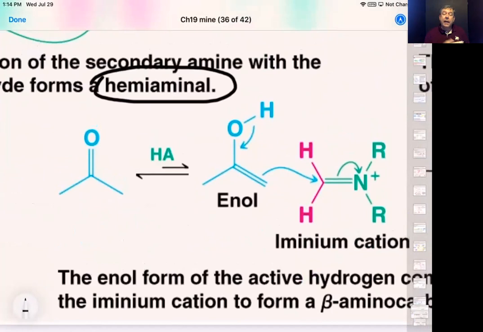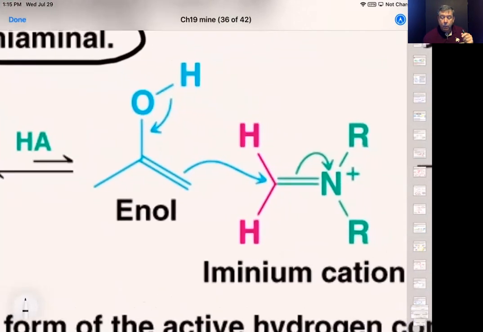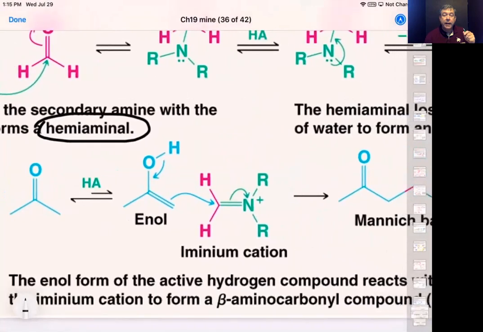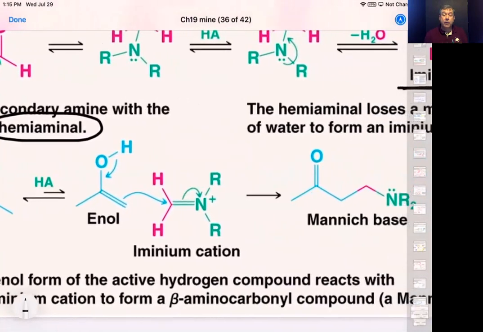And when it does that, we have that acid catalyzed enol-keto tautomerism. And when it's in the enol form, even though it's very little of it's there, it can have that double bond act as a nucleophile and reach out and grab a hold of the partially positive carbon on the iminium cation. Okay, when it does that, what we've done now is we've created a new carbon-carbon bond.